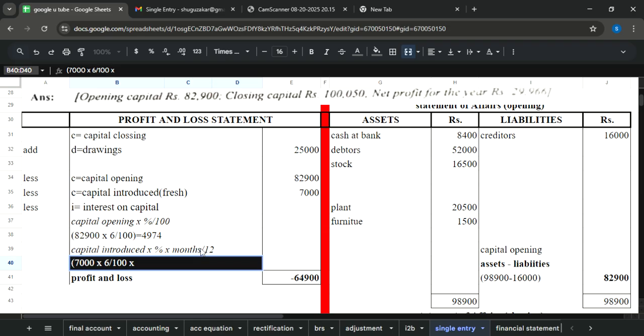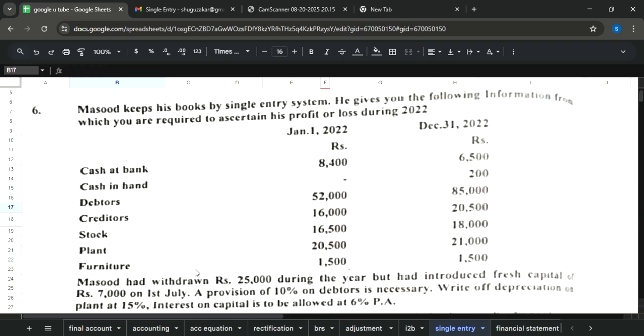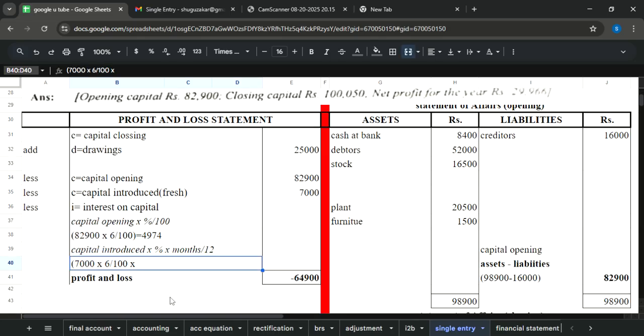I was telling you to underline this date. Fresh capital 1st July. Now you will count the number of months. 1st July means July will also be included. July, August, September, October, November, December. So these are 6 months. So when you calculate your interest, you will multiply by 6 months divided by 12.